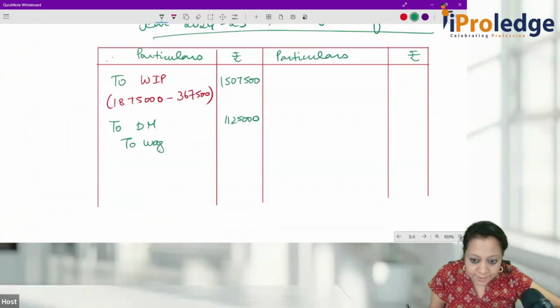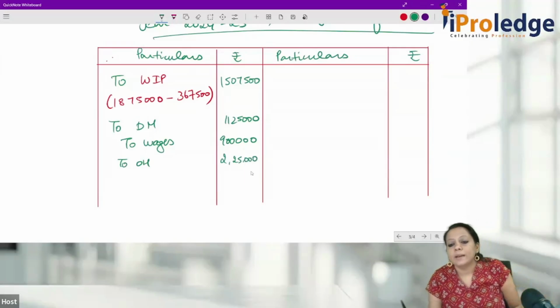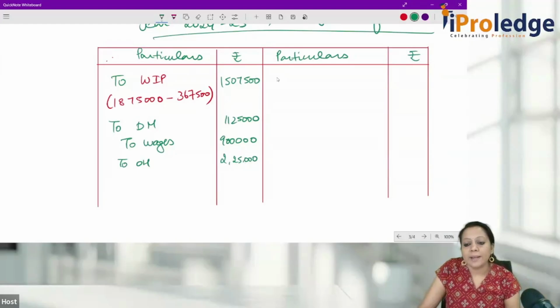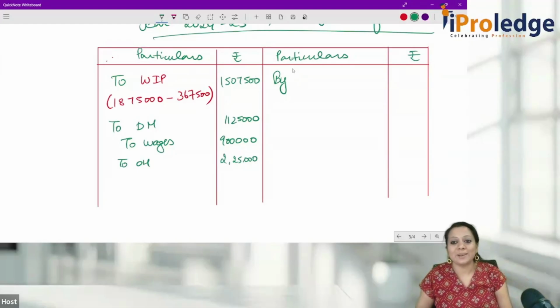To wages, 9 lakhs. To overhead, 2 lakh 25,000. Usually we write here by work in progress. In regular class, we have done 3 years, and in the third year we would have written contractee account.